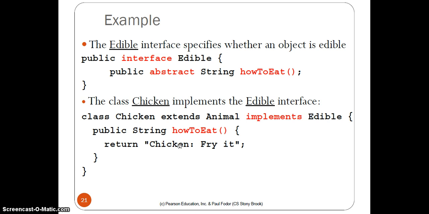So if it's chicken, then howToEat would be fried. Okay, let's build upon this example so the concepts of interface are impressed in a better way on you, and you internalize them pretty quickly. So we will write an example in Eclipse in the next part of this lecture.